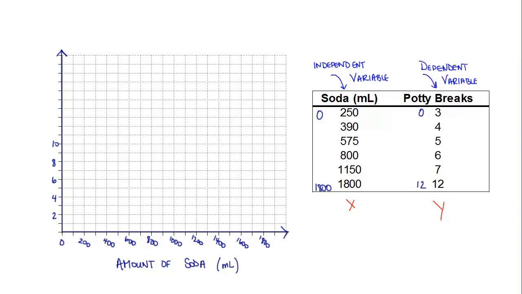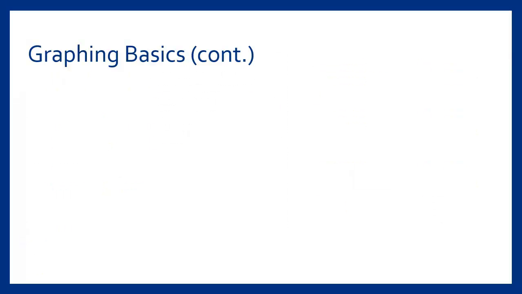So I'm only going to label 2, 4, 6, 8, 10 because I don't have enough room to write all the numbers, but each square is going to be equivalent to 1 potty break. And I can extend this all the way up to 18 potty breaks if I want to extrapolate some information from this graph. So this is going to be labeled the number of potty breaks, and the unit is actually potty breaks. It's a little strange because in this situation I'm counting something instead of measuring something. So I'm just putting the quantity of potty breaks on my y-axis.